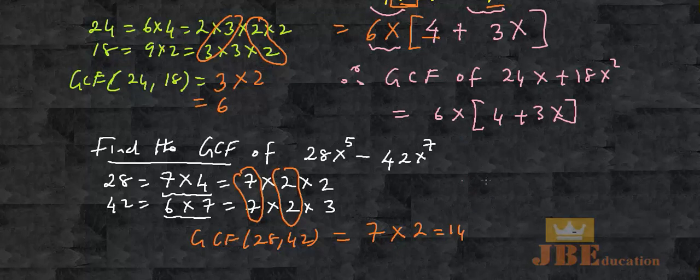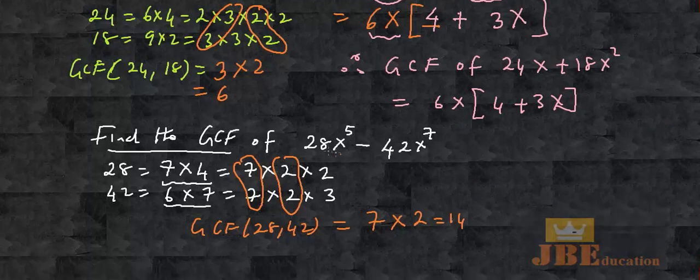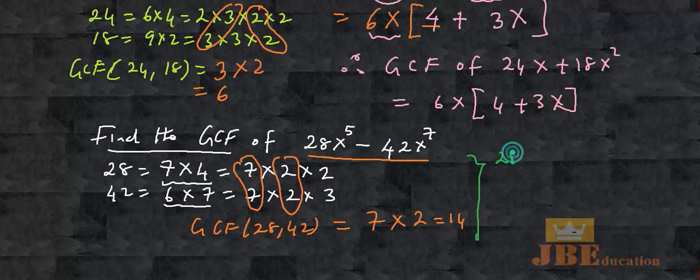So coming to the question, it wants me to obtain the GCF factoring for the polynomial placed in front of you. So now I need to do some simple mathematical evaluation. I'm going to be writing using this part of the board. So I've got 28x raised to the power 5 negative 42x raised to the power 7.